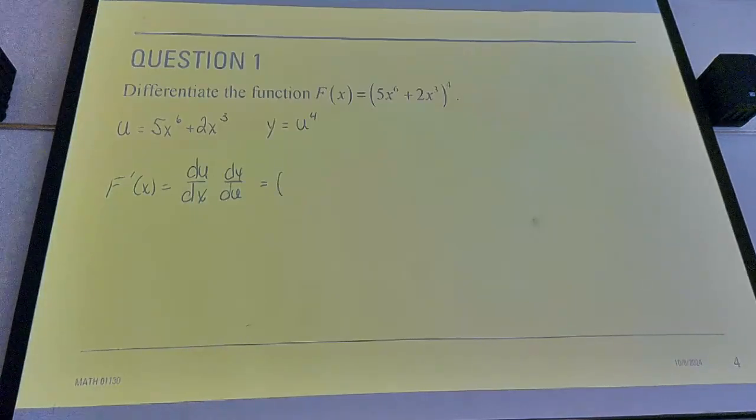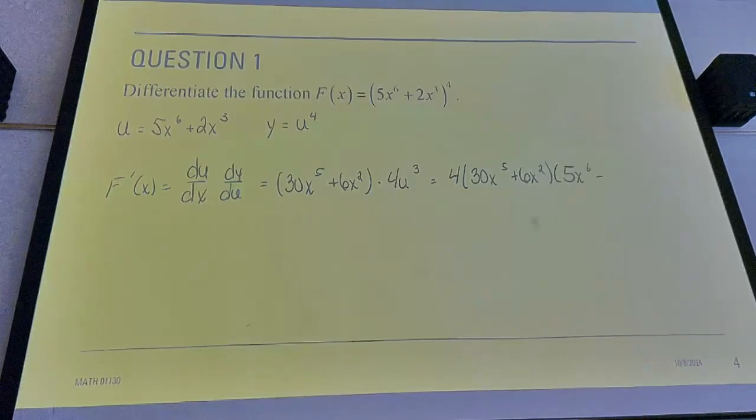The derivative of u, what is it? 30x to the fifth plus 6x squared. Now, what is dy du? 40 u to the 39. Replace u with what you said it was. 5x to the 6th plus 2x to the 3rd. There's your derivative.